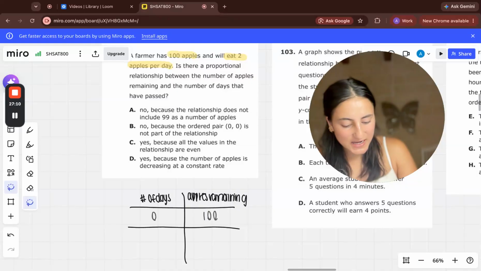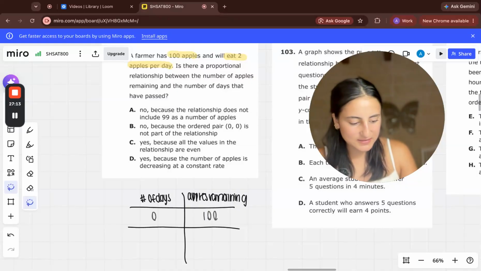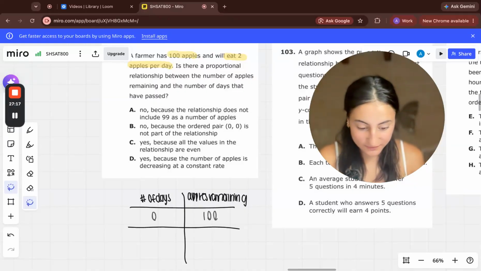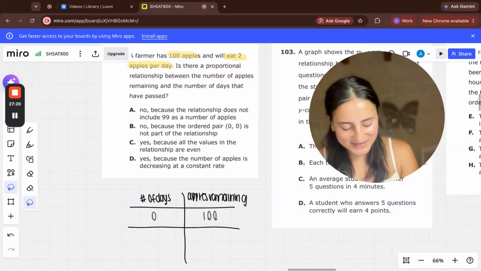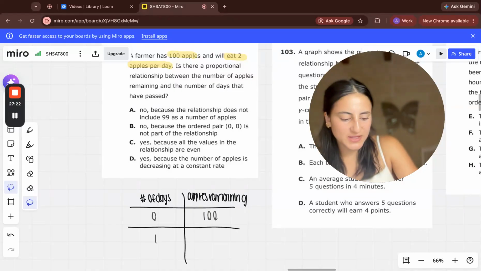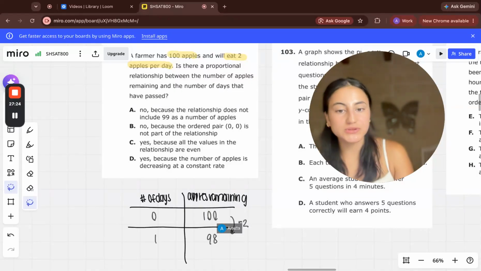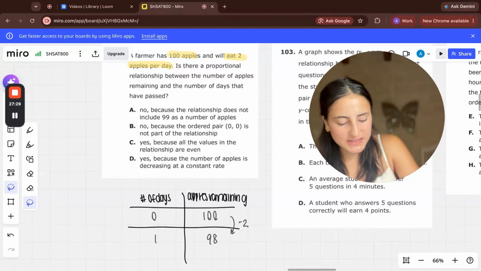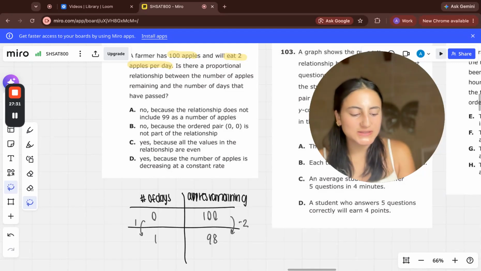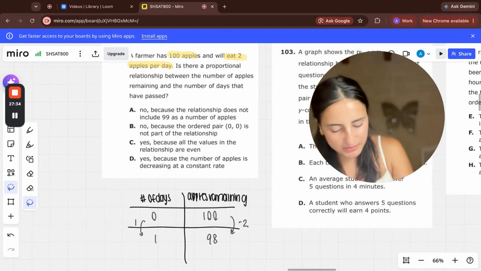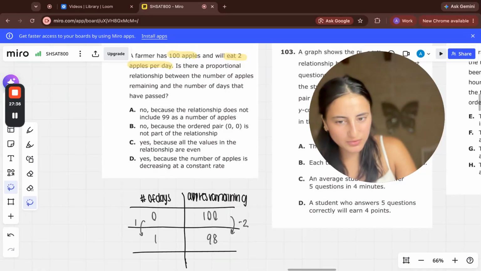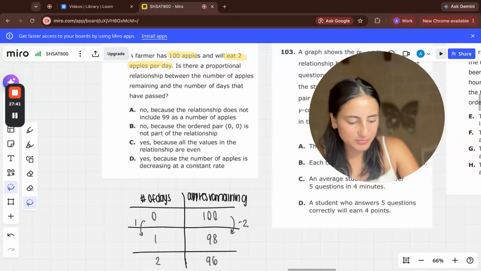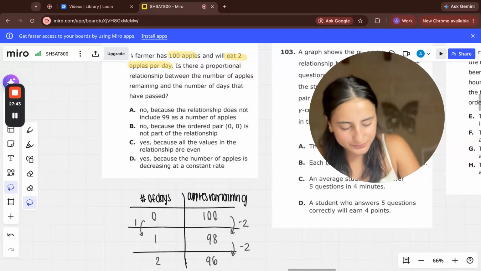And then the first day, there are 2 apples that the farmer ate, and that leaves us with 98 apples because we're subtracting 2 apples each time. So even though it might be easy to be like, okay, we are passing one day, we're removing 2 constantly. Let's just keep going here for a second. Let's do a third point. After 2 days, now there's 96 apples because they ate another 2.